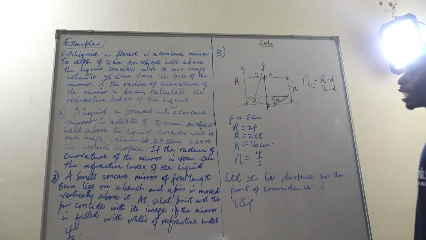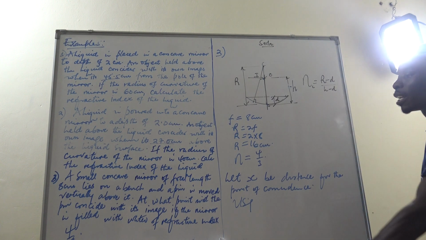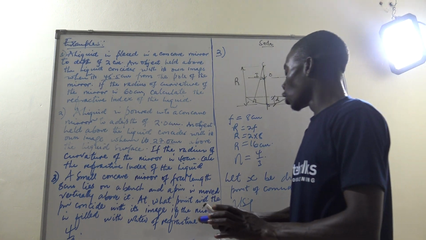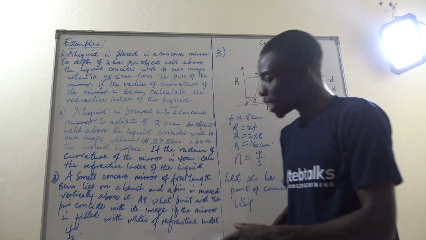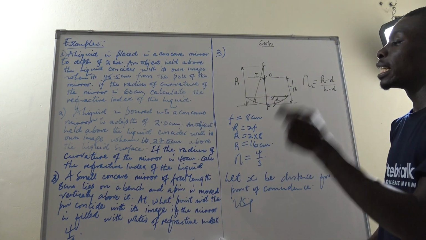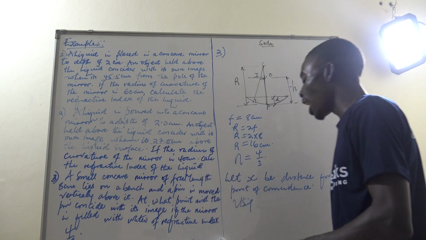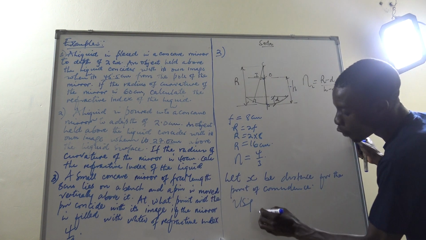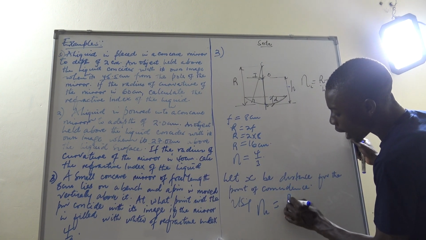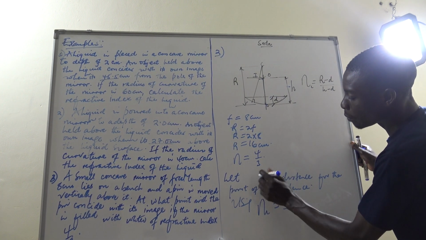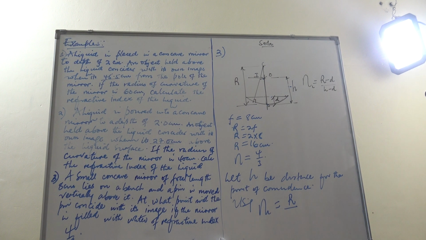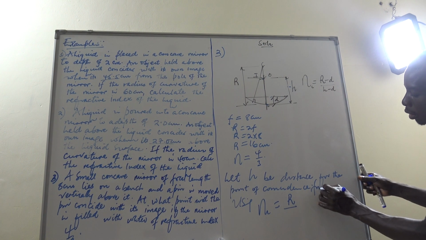As I've told you, if the depth of the liquid is not given, please don't bother yourself and say, what about the depth? It may be that the depth was so small that they didn't include it in the question.